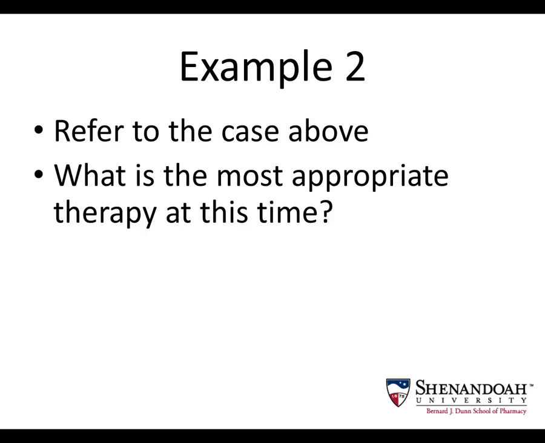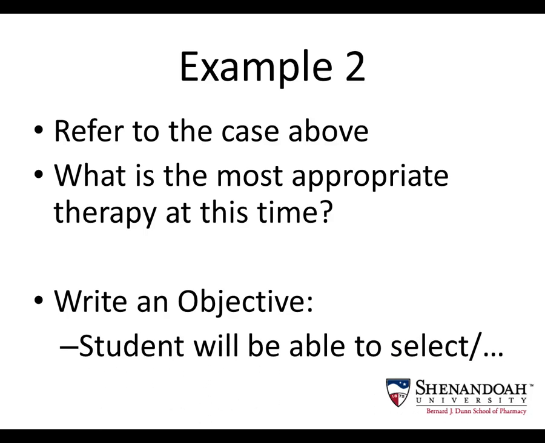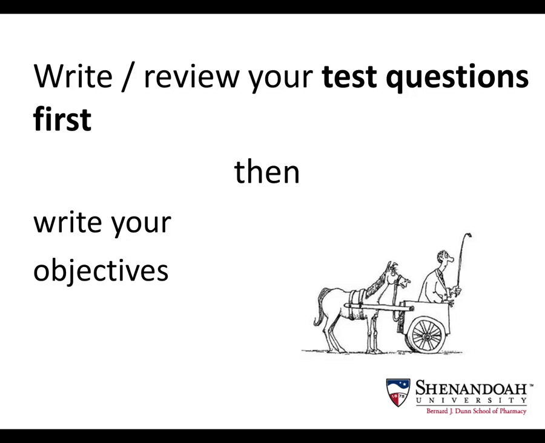What's the most appropriate therapy at this time? Student will be able to select. So my advice is this: you write your test questions first, and then you extrapolate your learning objectives from those test questions.